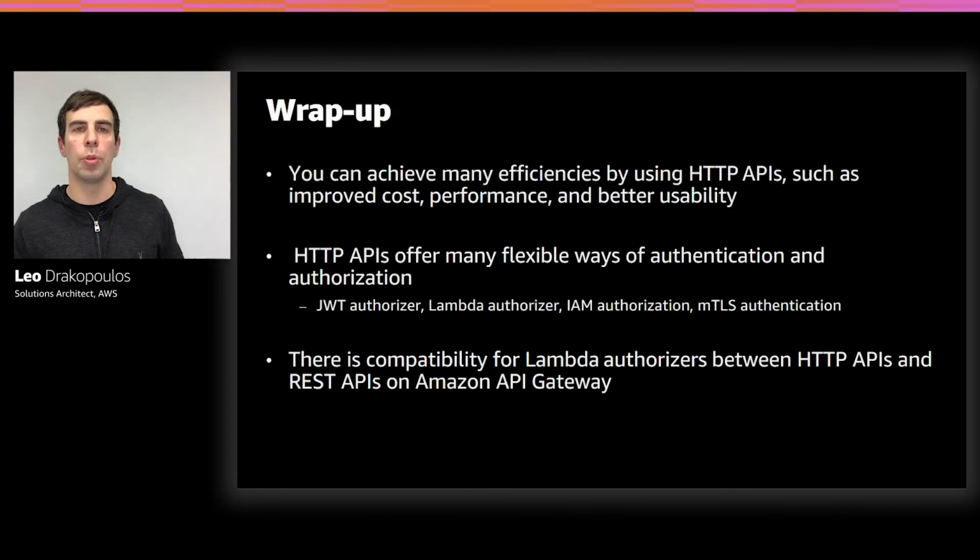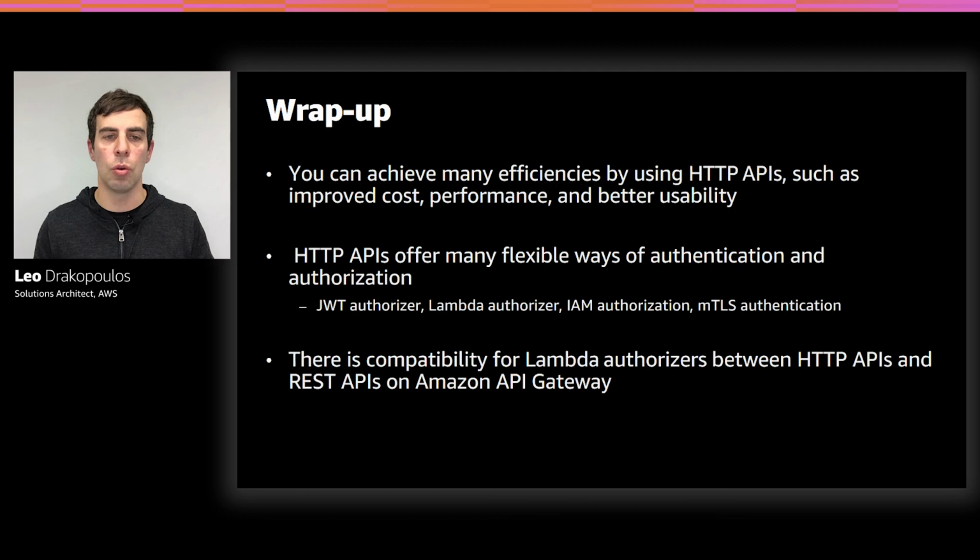Okay, perfect. Hope you enjoyed the demo. So let's wrap up the entire presentation within these three bullet points. First of all, I just want to reiterate that just by using HTTP APIs, you can achieve many efficiencies, and those efficiencies relate to improved cost, improved performance for your APIs, and generally better usability.